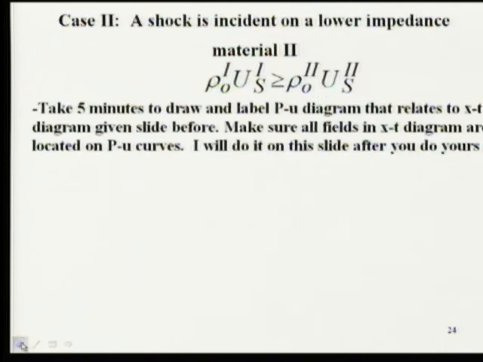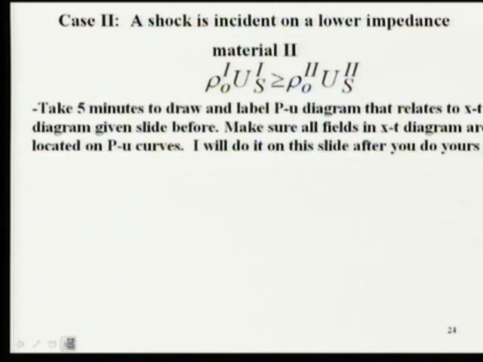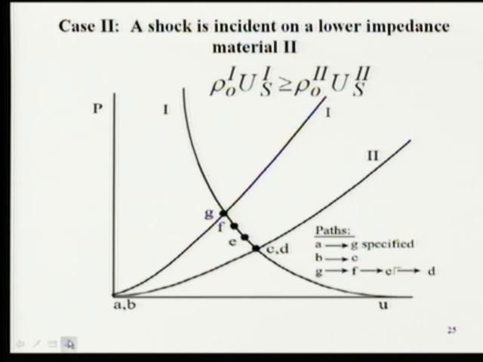Essentially, let's go back. The G field is given. Again, we said that you always have to start with some field. And so you had a forward-facing shock in a high impedance material, so it has to be along this Hugoniot, and it sends a shock into the lower impedance.